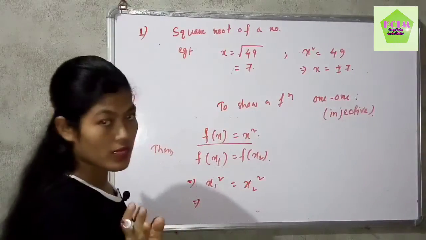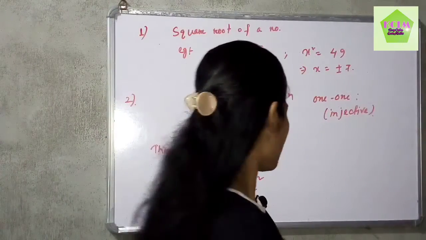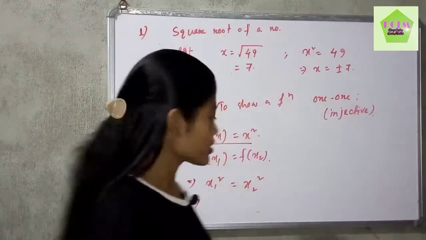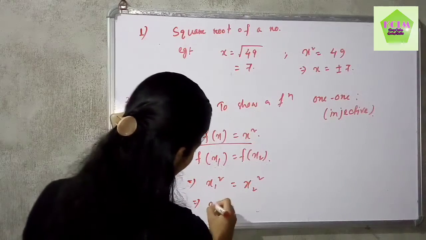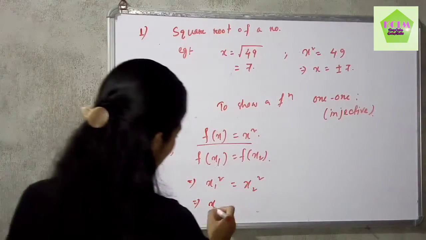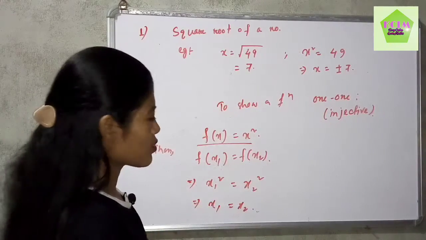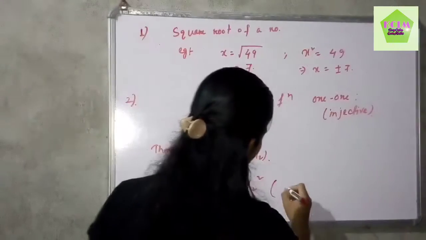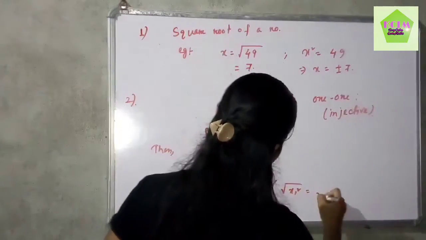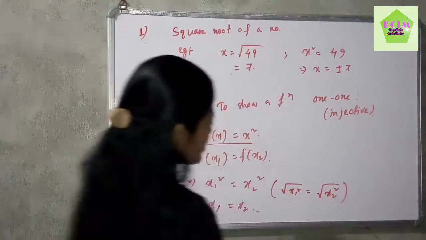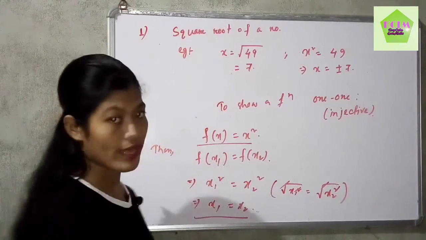But sometimes some of the students, not all, because a few students know these rules, fail to solve this. They think x1 equals x2 because they think that the square terms cancel out, or they think that while taking the root on both sides, this cancels out and the result will be x1 equal x2.